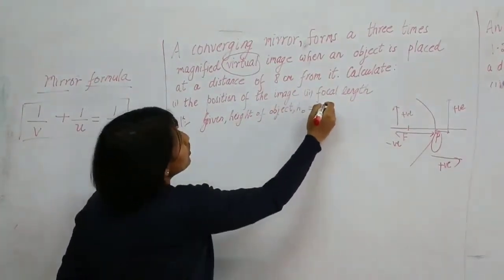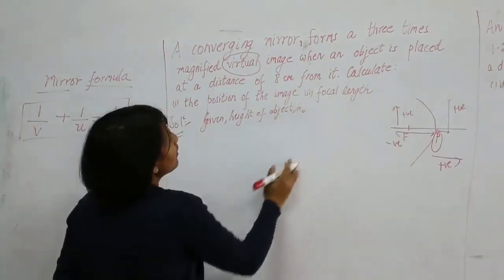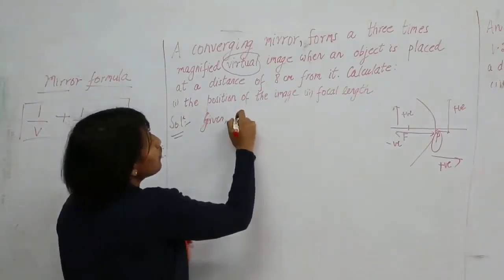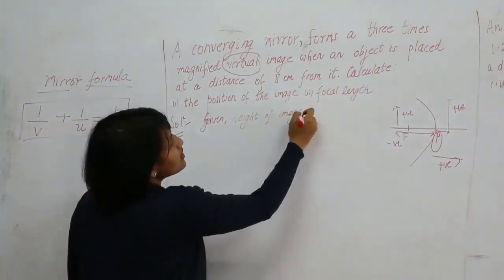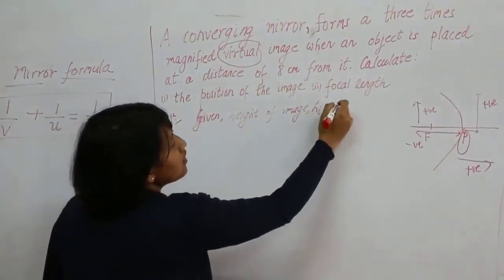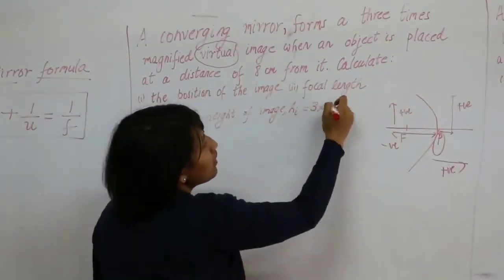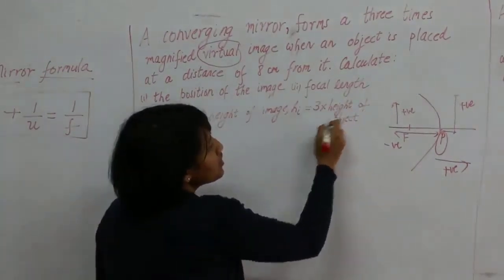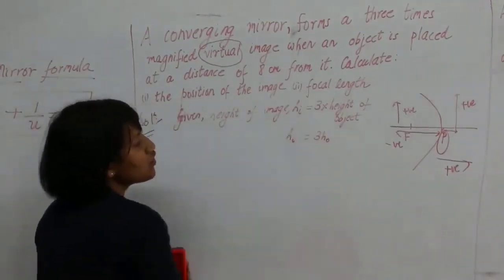The height of the image, they haven't given, it is HI. They have given that it forms an image 3 times the height of the object. The height of the object is denoted by h0. So hi is 3 times h0.